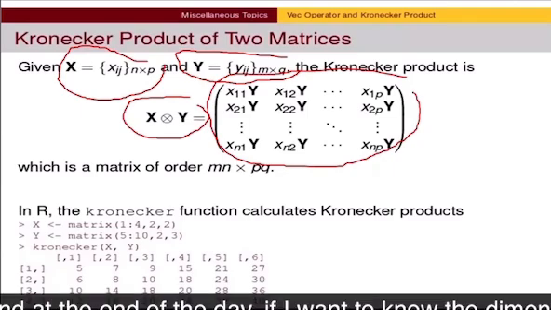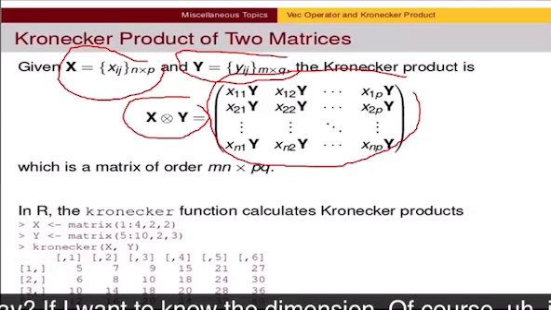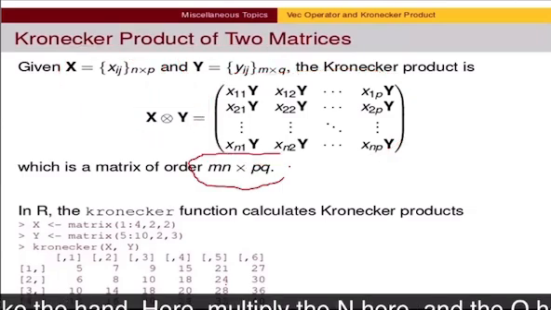At the end of the day, if I want to know the dimension of the resulting Kronecker product, it is the M here multiplying the N here, and the Q here multiplying the P, so that is MN by PQ.